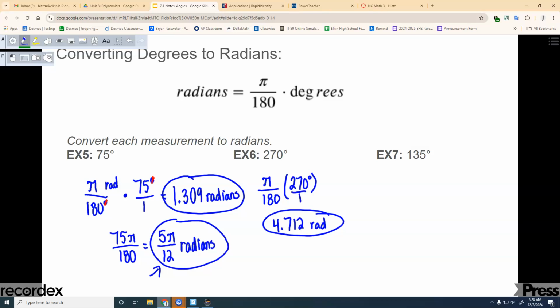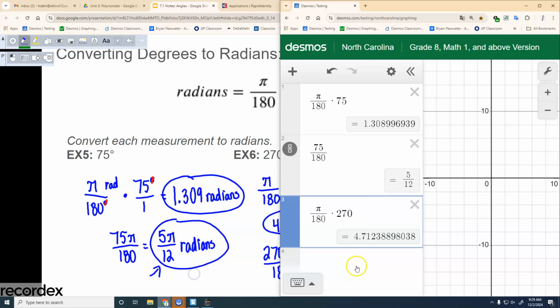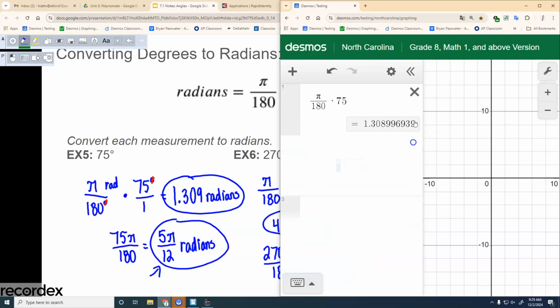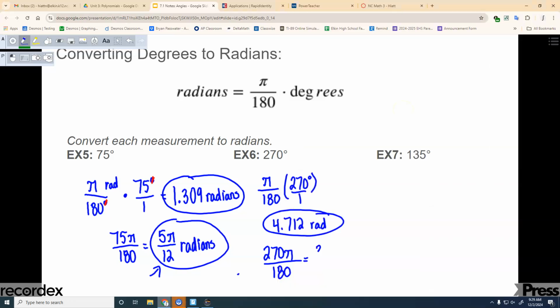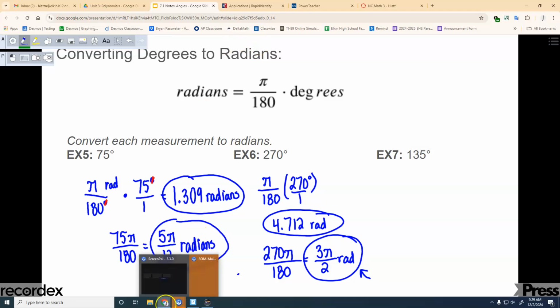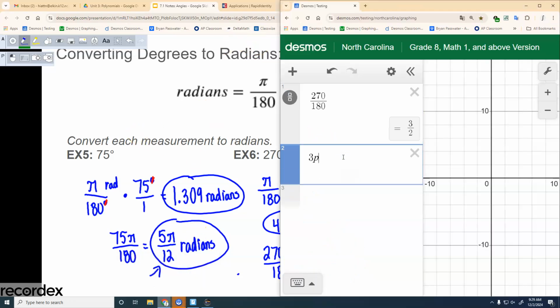What they're going to do instead is put the 270 over 1, so that'll be 270 pi over 180. If I reduce 270 over 180 and hit the little fraction button, I get 3 over 2. So I will get 3 pi over 2 radians. The second one is the one you're more likely to see. But if it's multiple choice, it doesn't matter, because if I type in 3 pi over 2, I get that same decimal. They're equivalent.